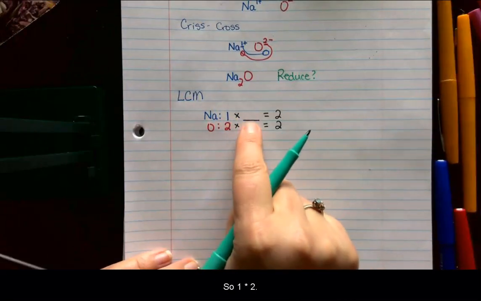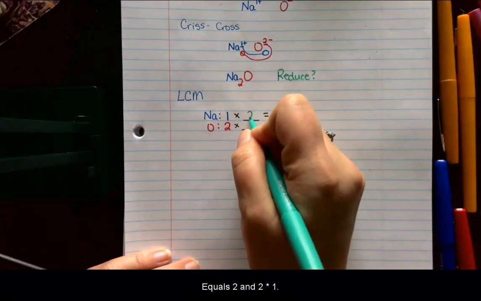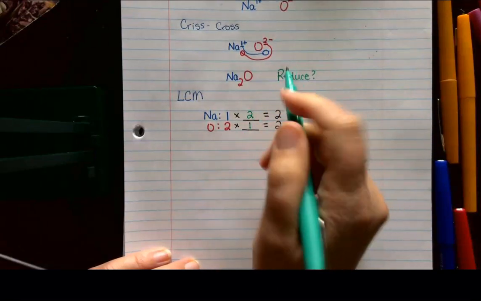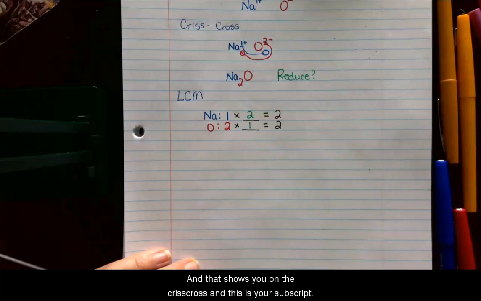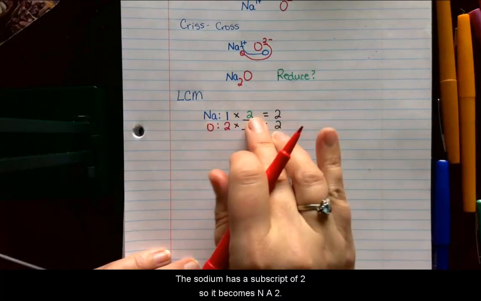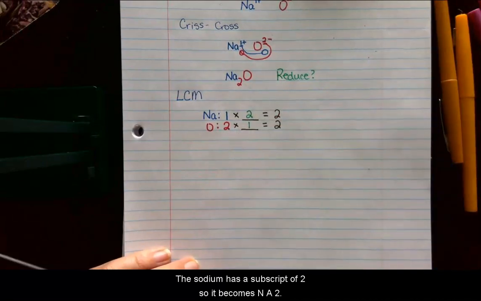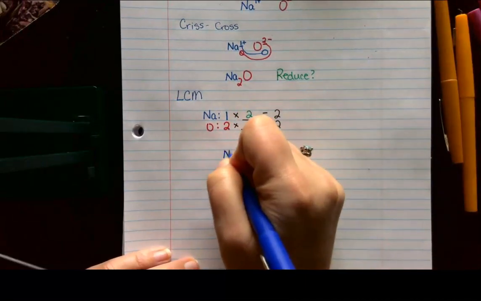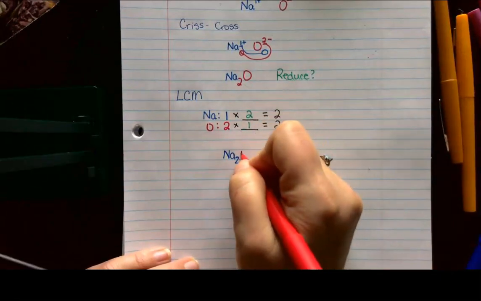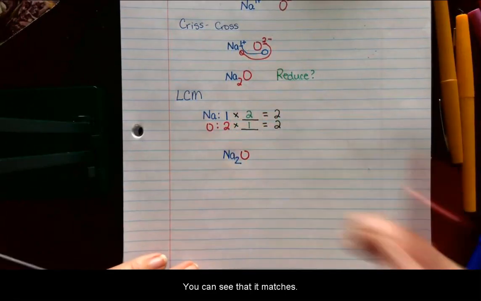So 1 times 2 equals 2, and 2 times 1 equals 2. And that shows you on the crisscross. And this is your subscript. So sodium has a subscript of 2. So it becomes Na2O. You can see that it matches.